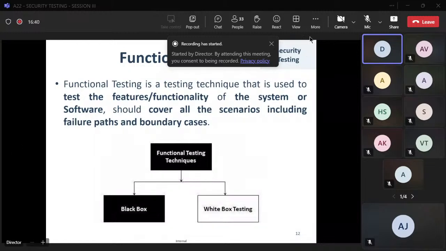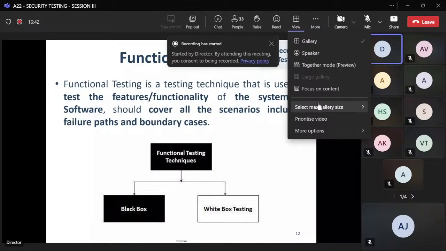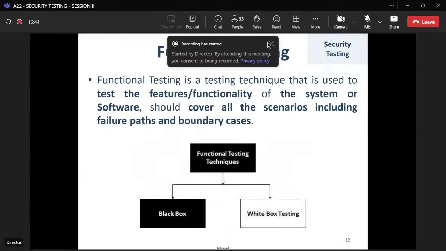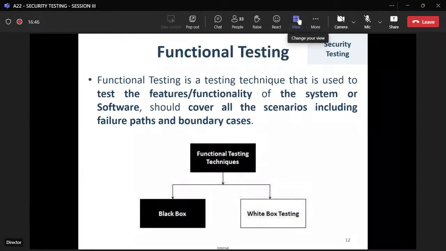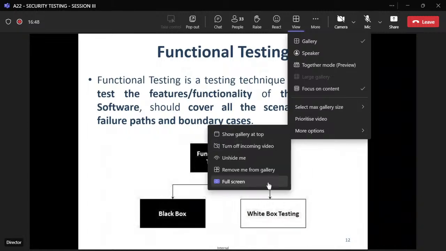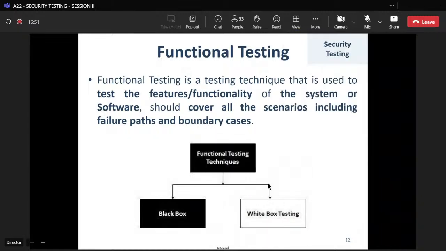For example, if a parameter is given as 1 to 100, they try to identify even the boundary cases, not only the exact values for each and every variable. And to perform functional testing, there are two types of approaches displayed here.